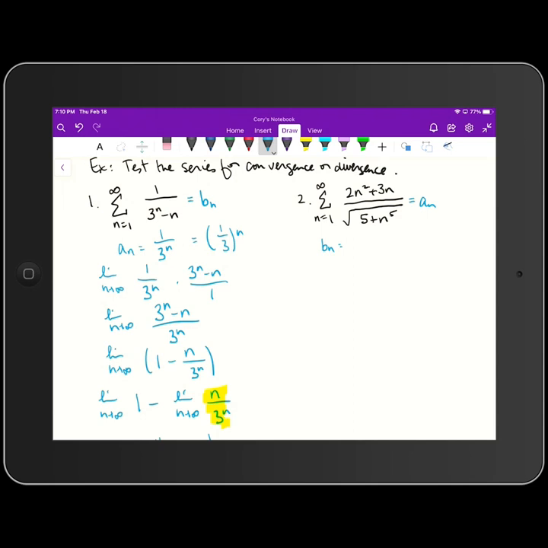The highest degree term on top is 2n squared. On bottom, the highest degree term is the square root of n to the 5th power, which is n to the 5/2 power.